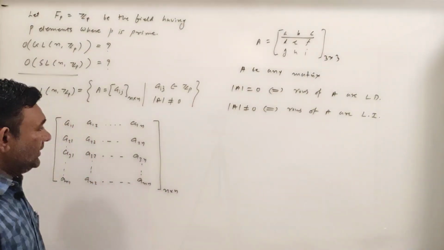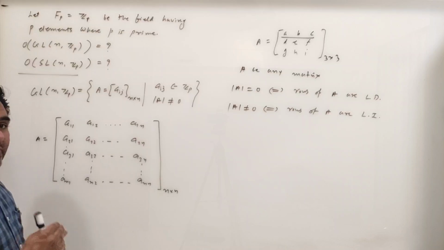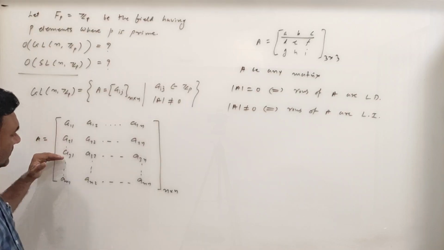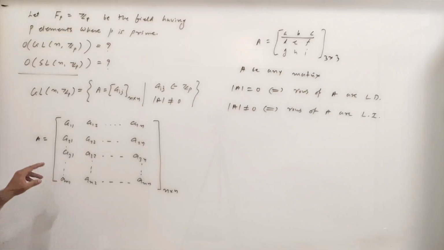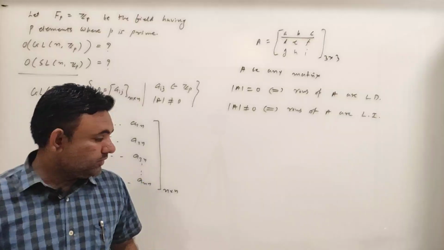So now I will find how many ways I can choose the rows of A so that all the rows are linearly independent.